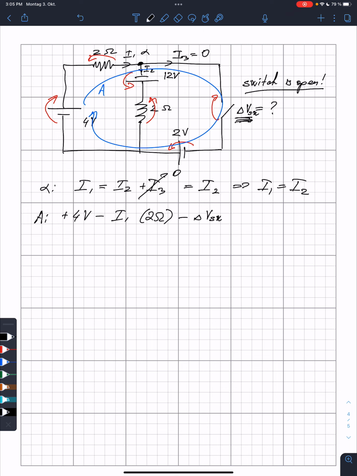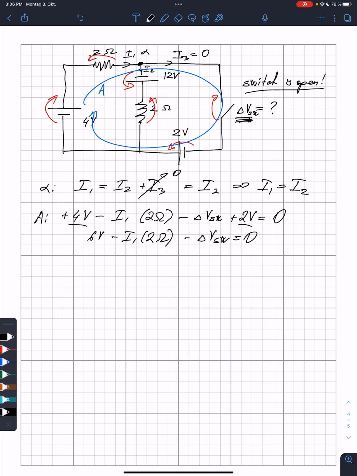The next contribution is due to this battery. This one coincides, so it will be positive: plus 2 volts, and I end up at the same place, therefore it's 0. Can I simplify this a little bit? I can join these two together, so I get 6 volts minus I1 times 2 ohms minus delta V switch equals 0.